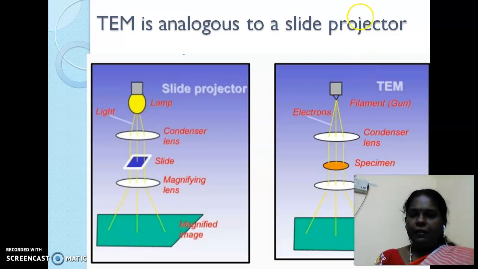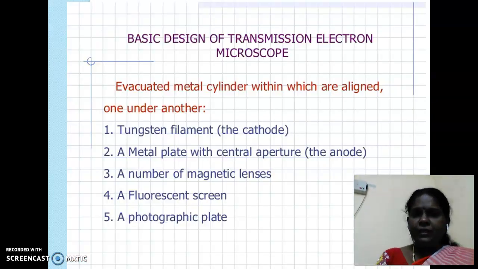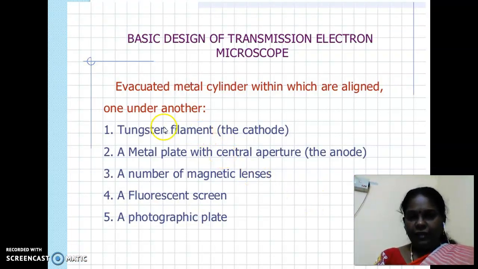Here we have an electron source. From the electron source, the high energetic beam of electrons gets condensed by the magnetic lens and falls on the specimen. Then it is magnified and projected on the photographic plate or a TV monitor. So the basic design of the transmission electron microscope consists of the electron gun, where we have a tungsten filament which is acting as a cathode.